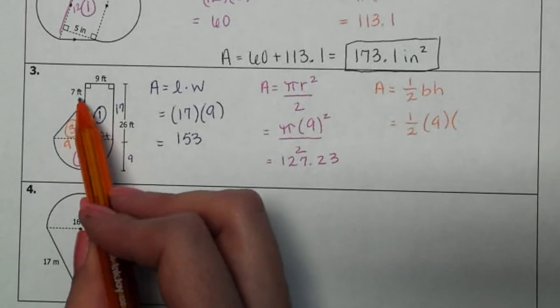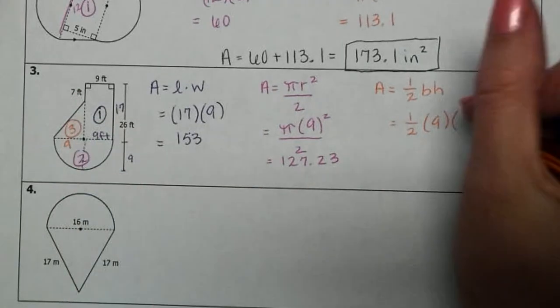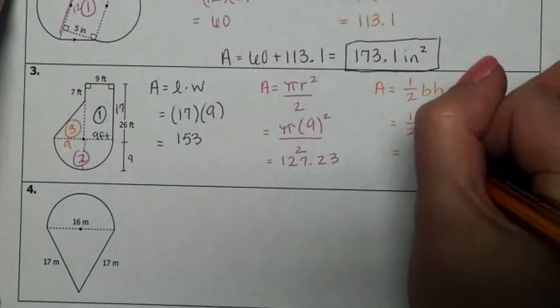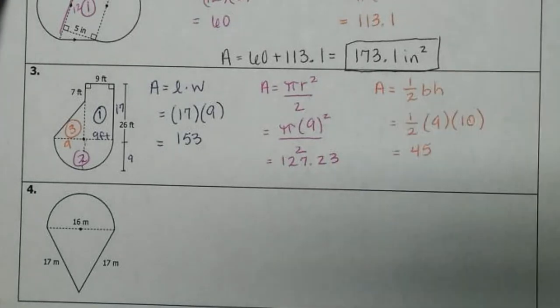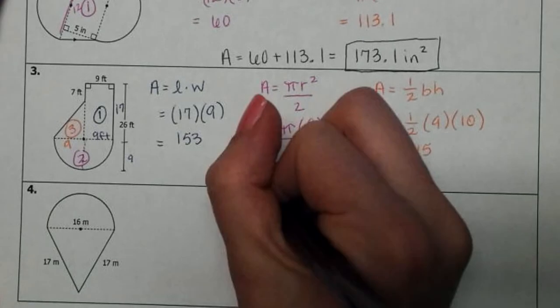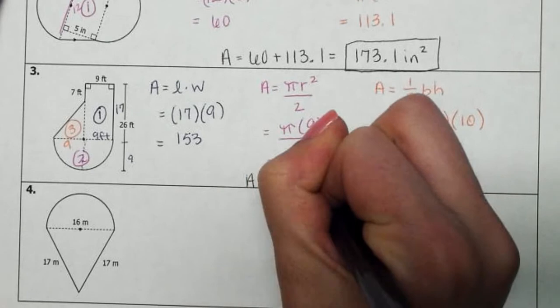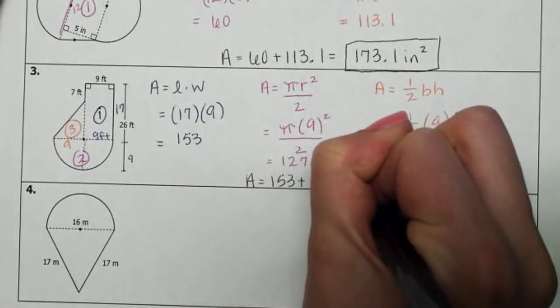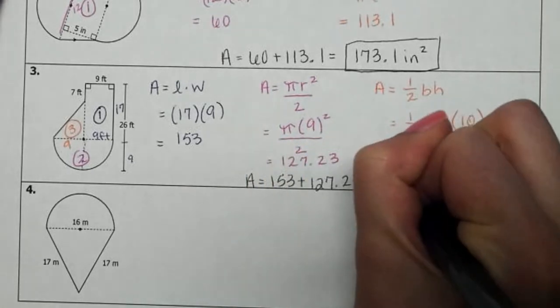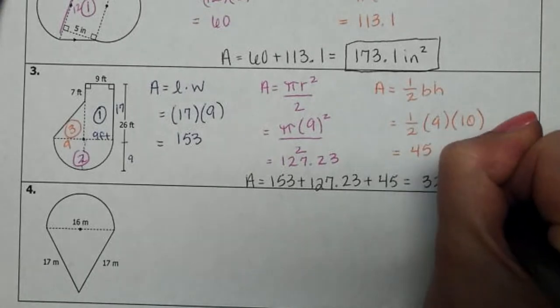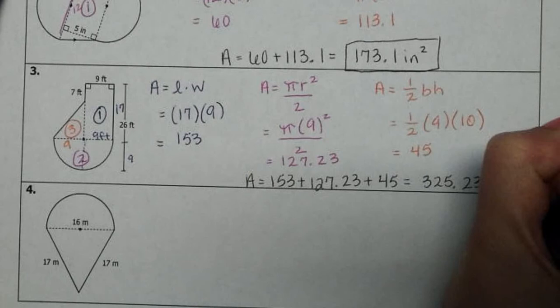So if I subtract, I should get 10. So I should get 45. My final step is to add it all together. 153 plus 127.23 plus 45 will end up giving me 325.23 feet squared.